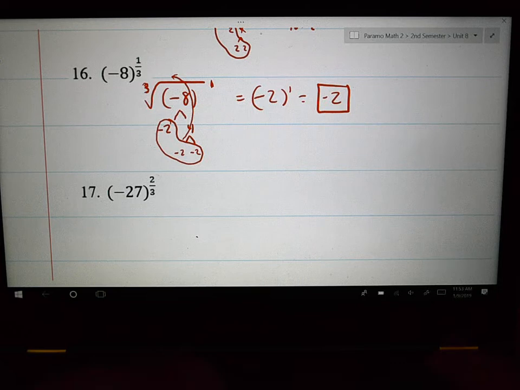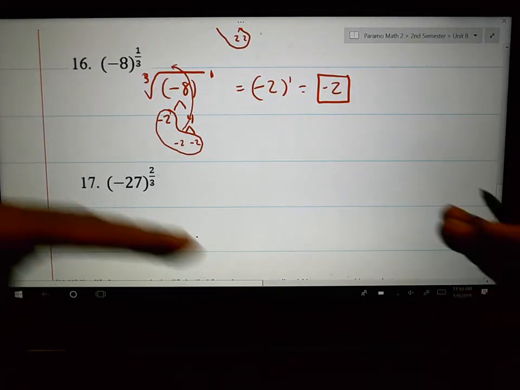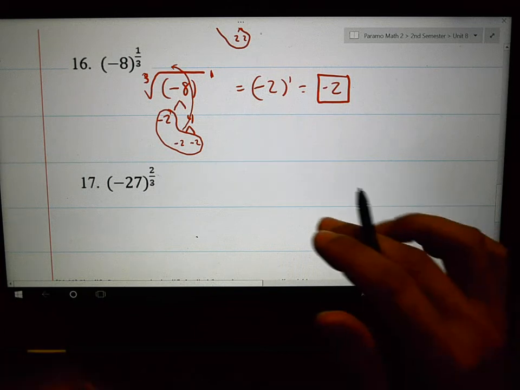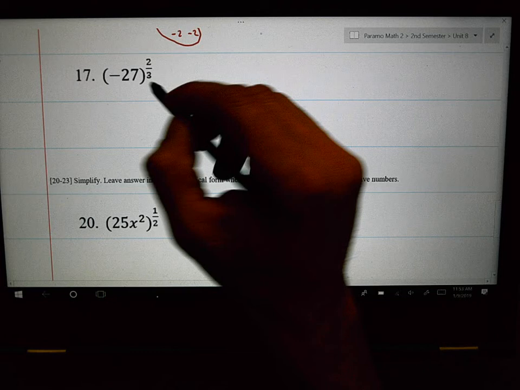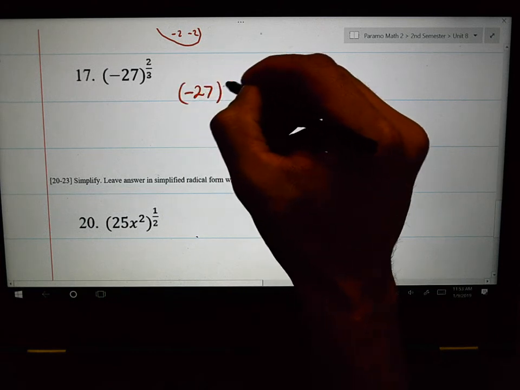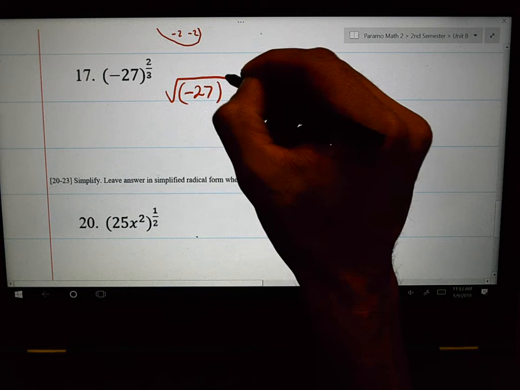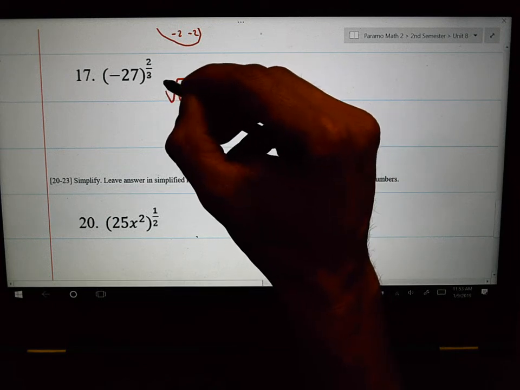So if that's the case, then we're going to do the same thing for number 17. Number 17 is a -27 to the 2/3 power. I'm going to put the whole thing inside a radical. I'm going to put the root at the bottom. Roots grow on trees, on the bottom.